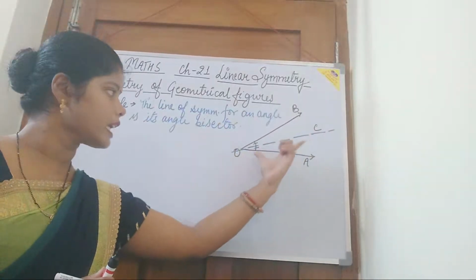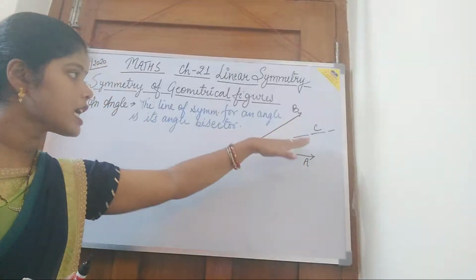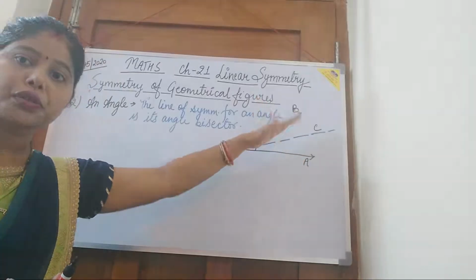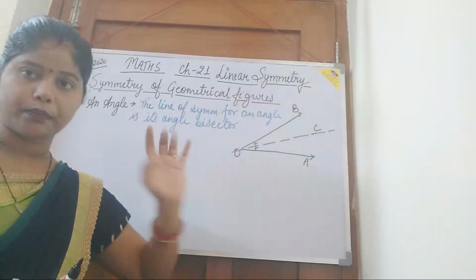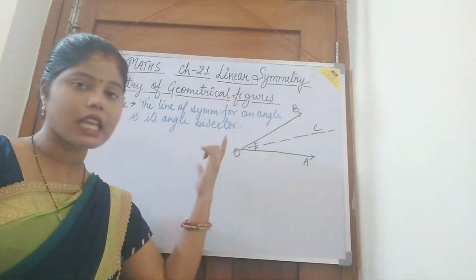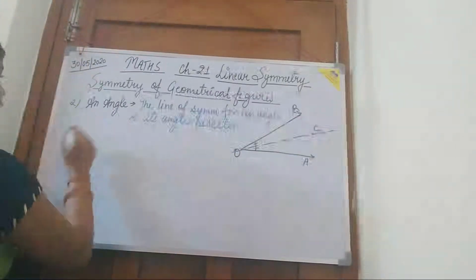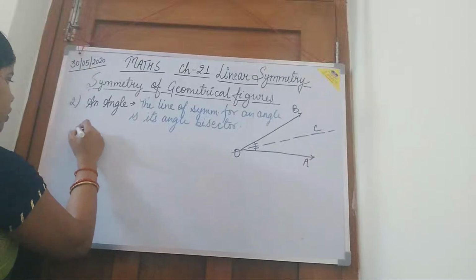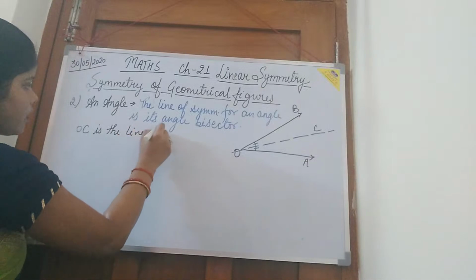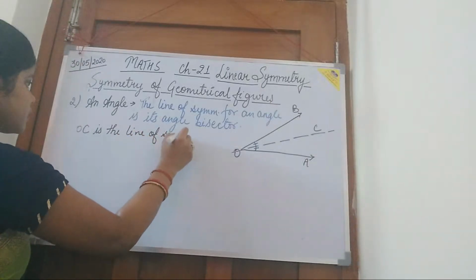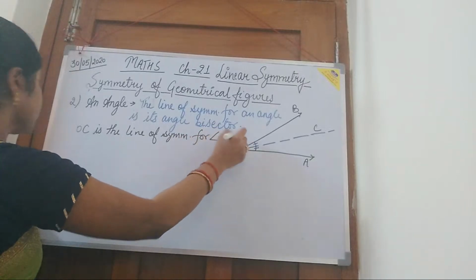So this blue line indicates a bisector of angle AOB, and this dotted line divides this angle into two identical angles, that is AOC and BOC. Okay, so this OC is the line of symmetry for angle AOB.